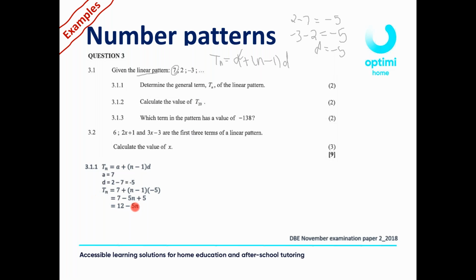So taking this equation, you're just going to substitute your n with 20. Your answer will be -88. This means that if you continue with this pattern here at the top and you get to the 20th term of this pattern, your term will be negative.